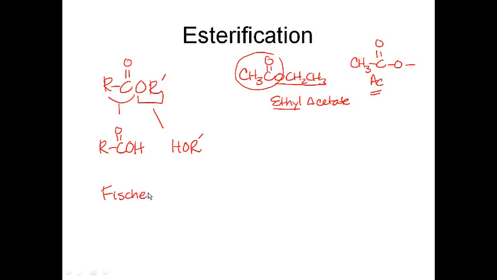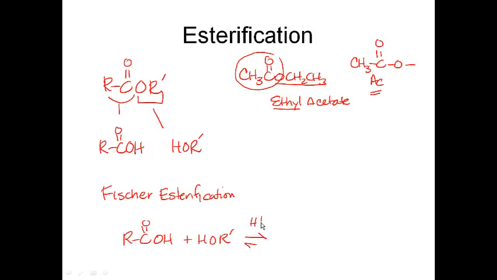Fischer esterification is one of the best methods to make esters, and what we do is we take our carboxylic acid and we react it with an alcohol, and I'm going to use just generic R groups, R and then R prime, to indicate that they might be different. This is an equilibrium reaction.